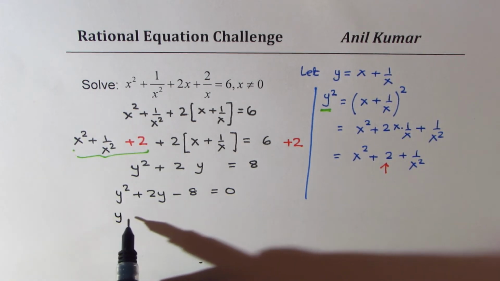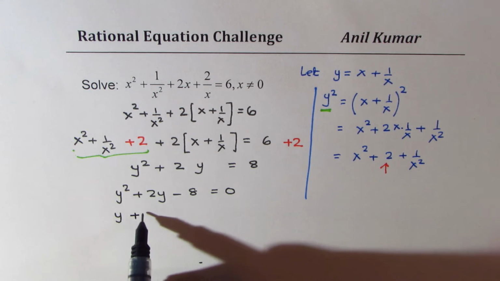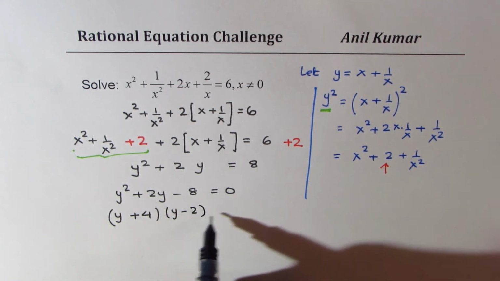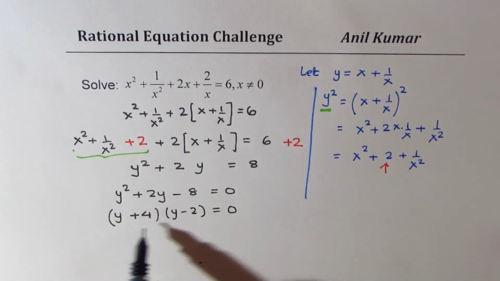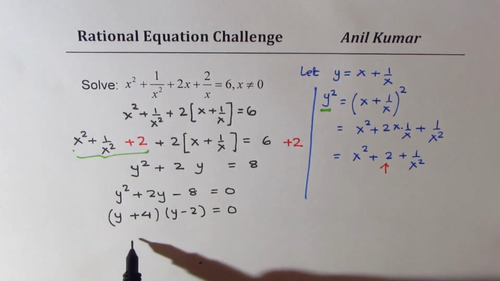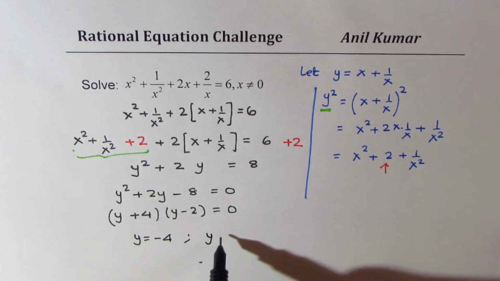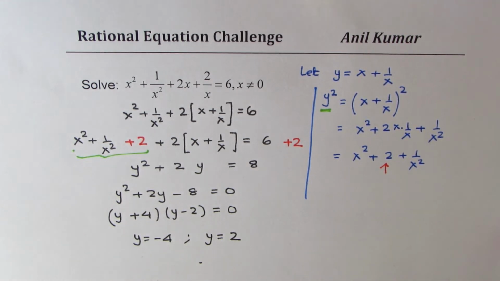So we could write this as y plus 4 times y minus 2 equals 0. And that gives you 2 values. So y could be equal to minus 4 or y equals 2. So these are the 2 solutions. Now basically we need to find x. We know the y values.